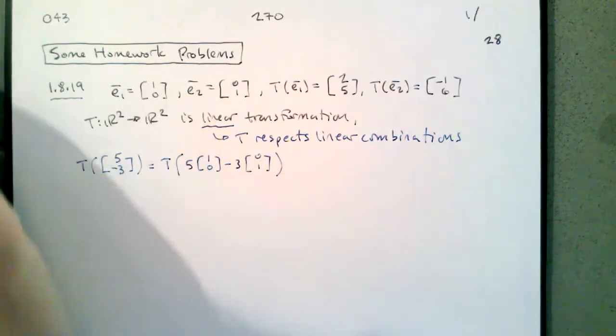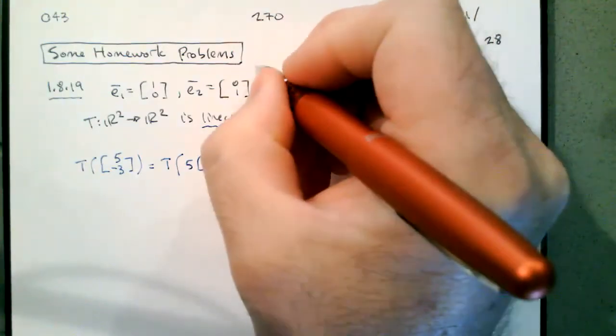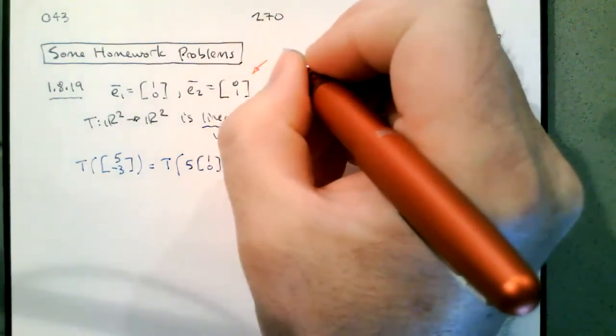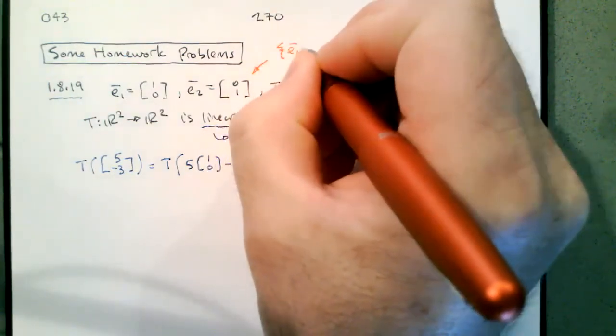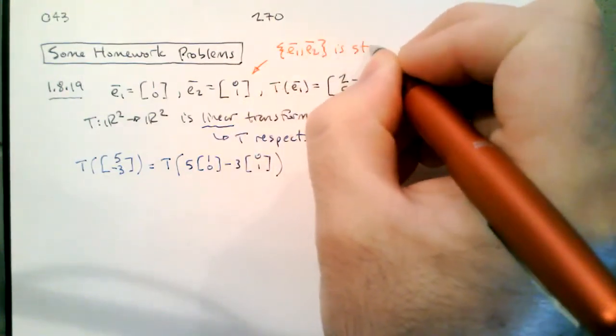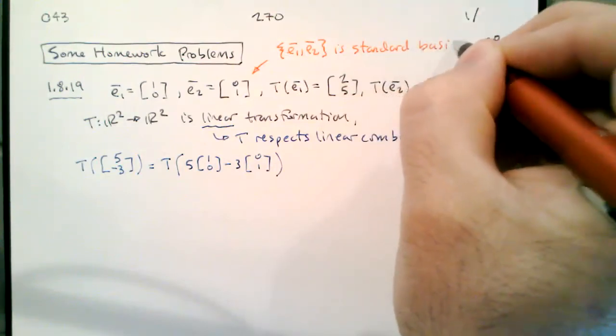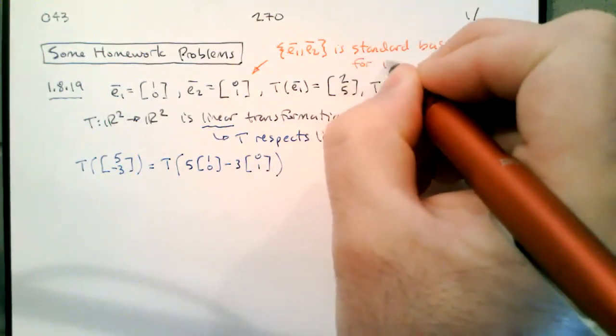This is why (1, 0) and (0, 1) is the standard basis for R2, because it's really easy to write everything in R2 as a linear combination of those two vectors. So we should make a note of that. E1 and E2 is the standard basis for R2.